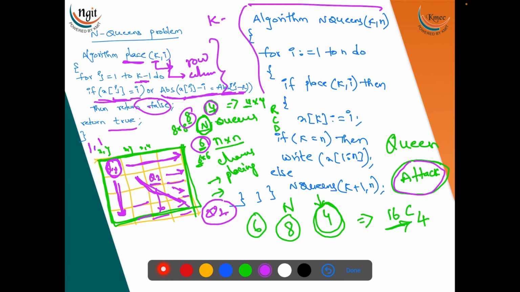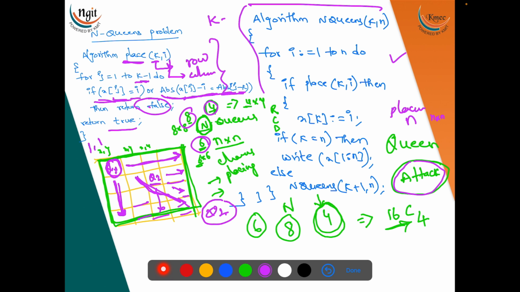This is the algorithm we will use to give the solution. Using backtracking, this procedure prints all possible placements of n queens on an n by n chessboard so that they are non-attacking. Now, for i equal to 1 to n do, if place(k, i), then x of k is equal to i.